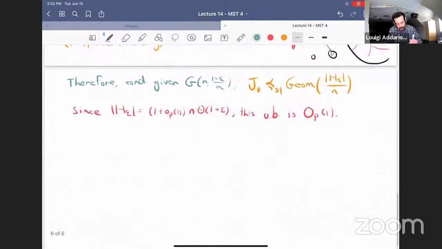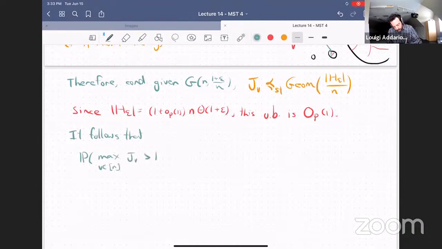Okay, and so that means now that the probability that the largest of these is bigger than k log n. I'm going to use this stochastic relation now to bound the maximum and not just a single term, so I have to be a little bit more careful.